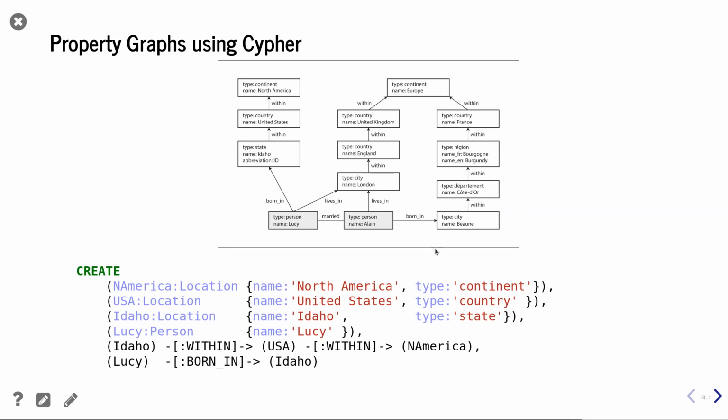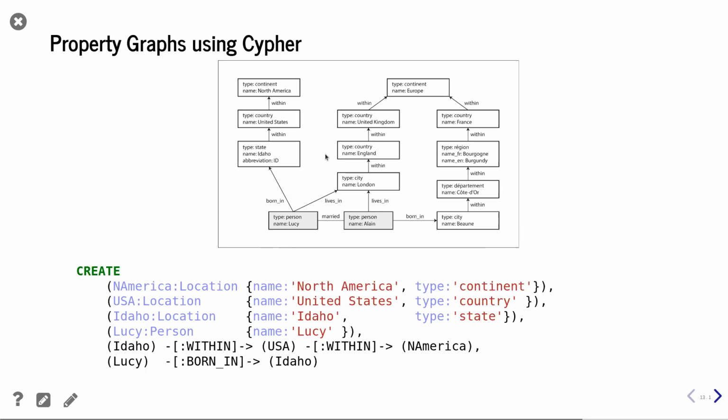So if we want to, let's say, create this graph using Cypher, we have a few nodes, or vertices, representing locations within locations. So these are the edges, which represent the within relationship. And we have a couple of persons, and edges that are either born in or lives in.